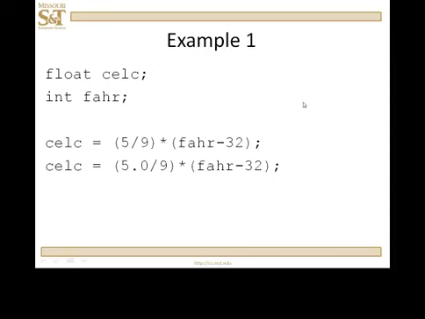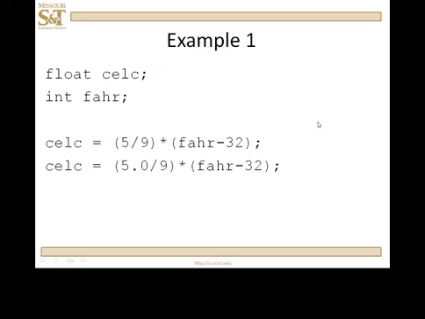So let's take a look at some examples here. Suppose that Celsius is declared as a float and Fahrenheit is declared as an int. If I have Celsius, which is a float, being assigned 5 over 9 times Fahrenheit minus 32, it seems that this is a perfectly good assignment statement.